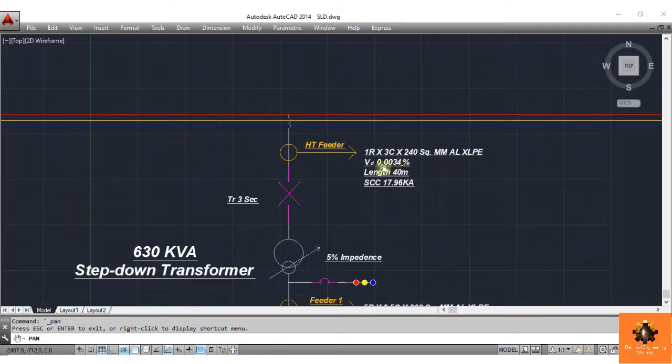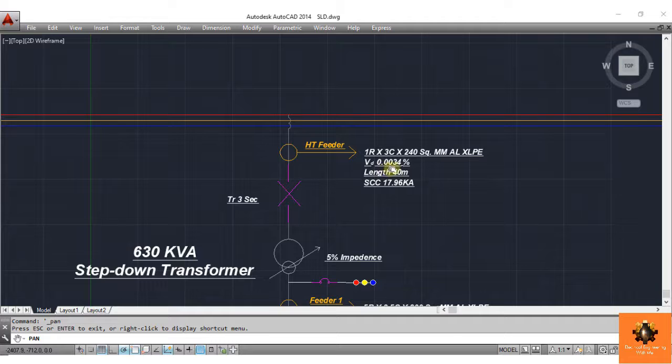Okay, so this is the way of representing cable information. 1 run 3 core of 240 square mm aluminium conductor XLPE type cable. Okay, so after this we have VD.